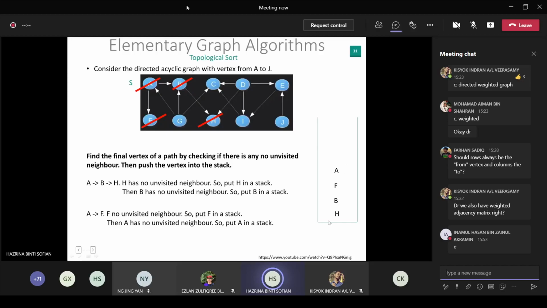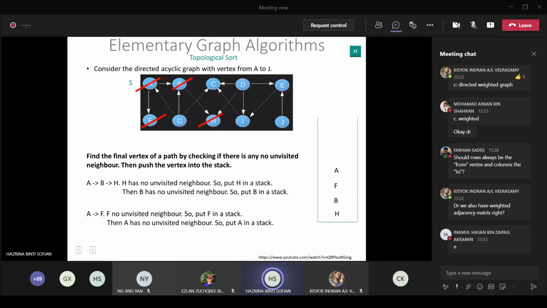But let's continue. Chan Joey, where should we visit next? Which vertex? If it's not specified, we can just follow the alphabetical order.